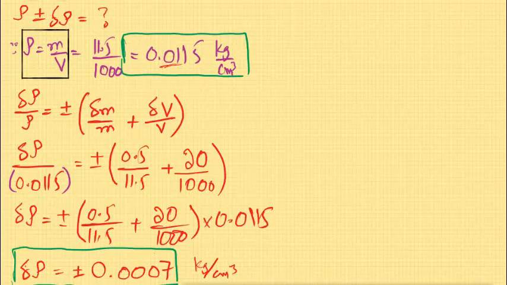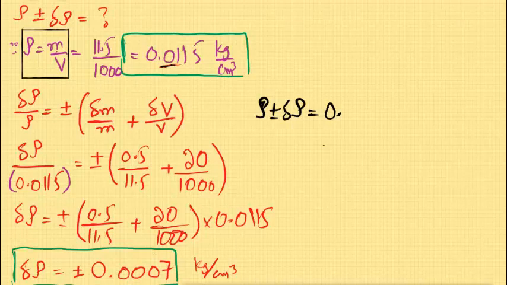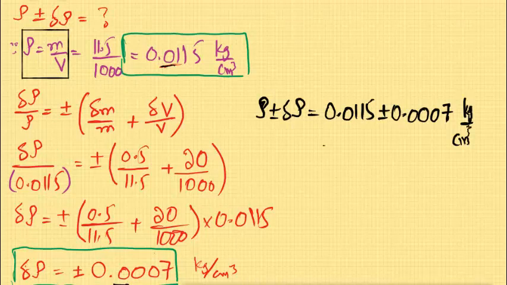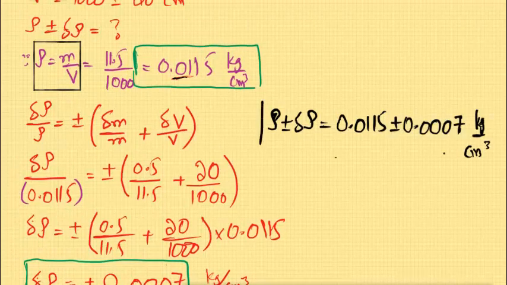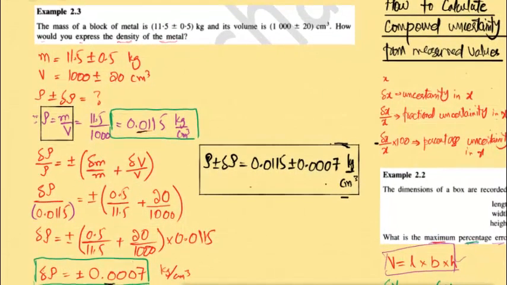Now I would write the final answer as density plus minus the error in density equals the value of density here, 0.0115 plus minus the error as 0.0007 kilograms per cm cube. And this is how I am going to represent the density that I have just measured, and that sums up the whole question.